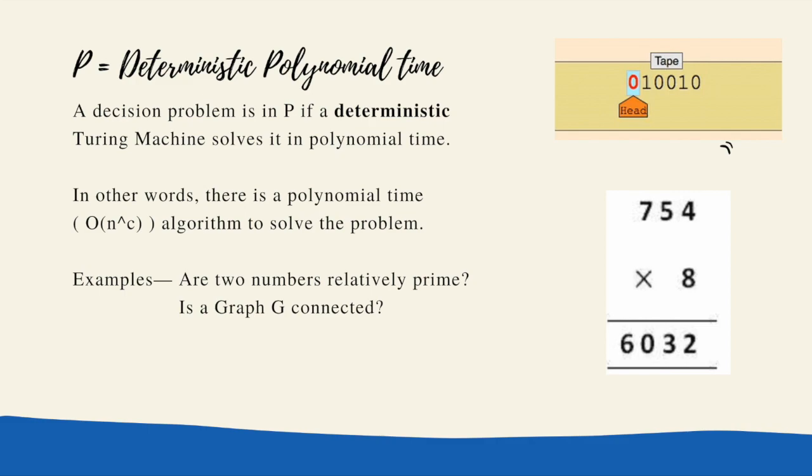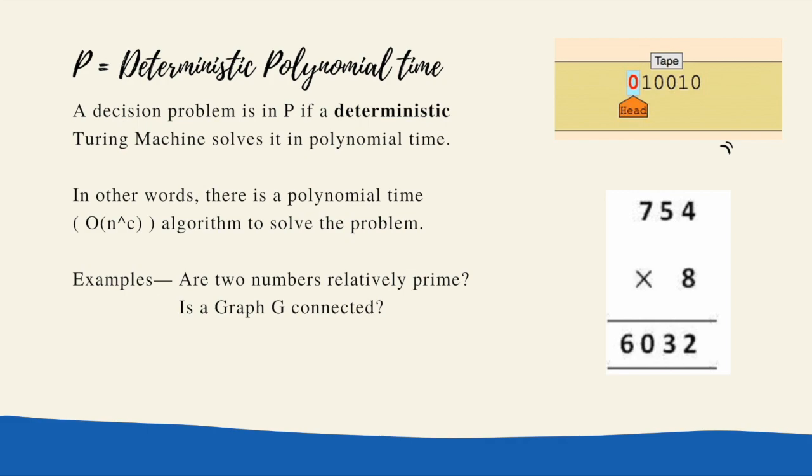So, what is P? I'll assume you have heard of something called a Turing machine. Even if you haven't, just assume it's a crazy machine with an infinite tape that has bits, symbols like zeros and ones written on it, and it has something like a head.